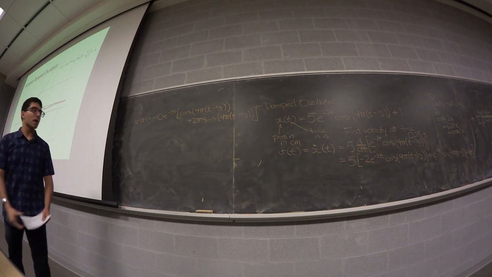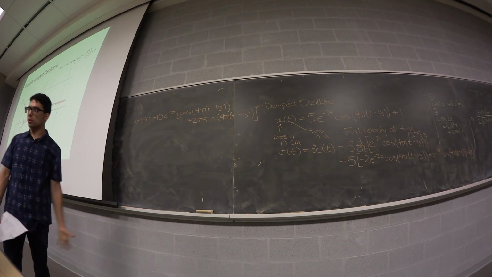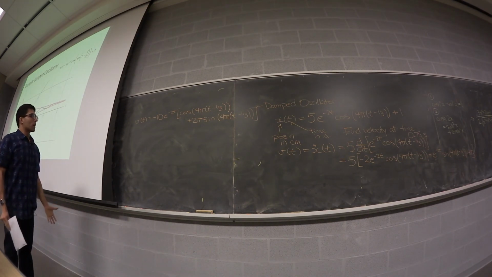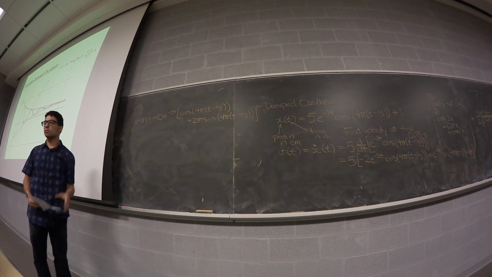Okay? Again, what do we use? Product rule, chain rule. And that's virtually it. Okay, so we have this guy now, and all we have to do is plug in 0.75.